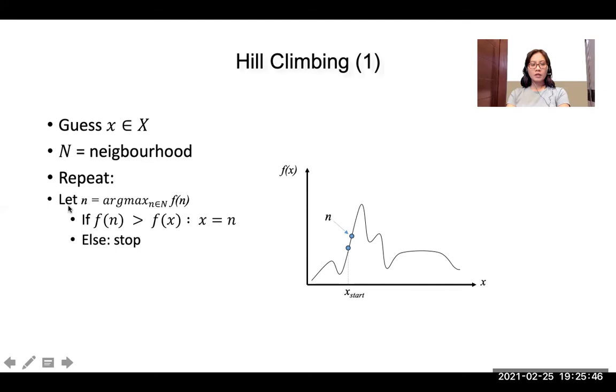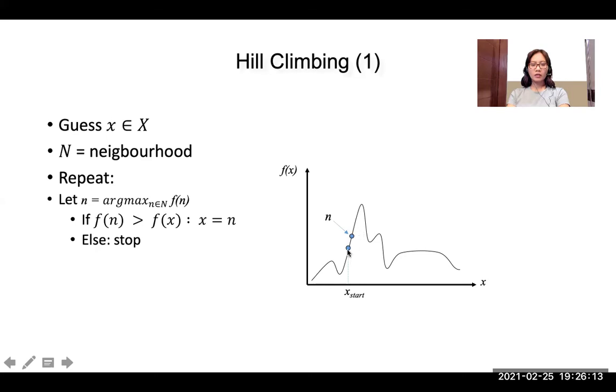Repeat: let n equal the argmax over n in the neighborhood of f of n. If f of n is greater than f of x, then set x equals n, else you stop. So basically you want to maximize this f of x.